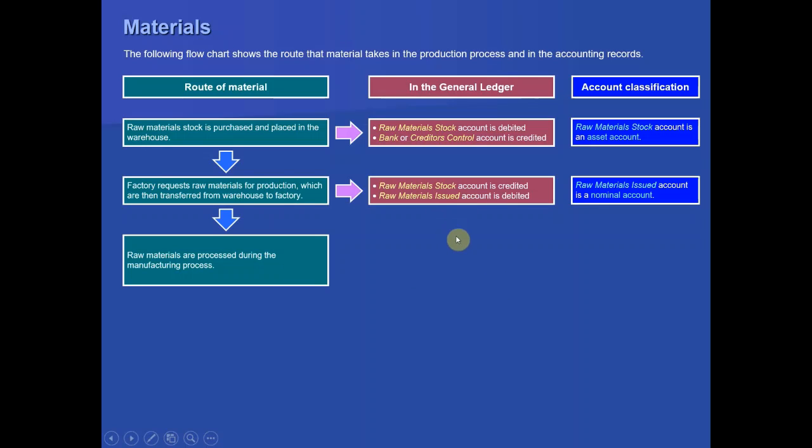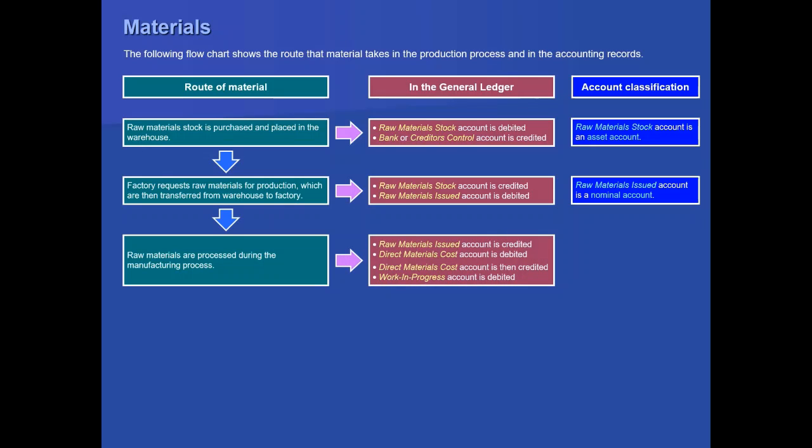So we know we had this raw material issued account that we debited. We will have to get rid of it, therefore we will have to credit the raw material issued account. And now we will have to debit another account, which we refer to as the direct material cost account, which is a cost account.